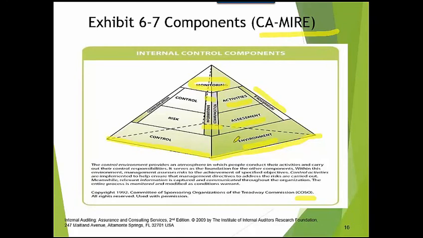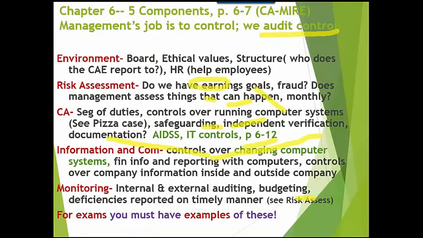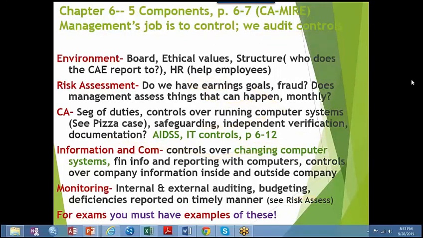Information and technology encompasses two basic concepts. The first concept is information and communication. Information and communication is the information systems infrastructure, but it's also the communication process within the organization.